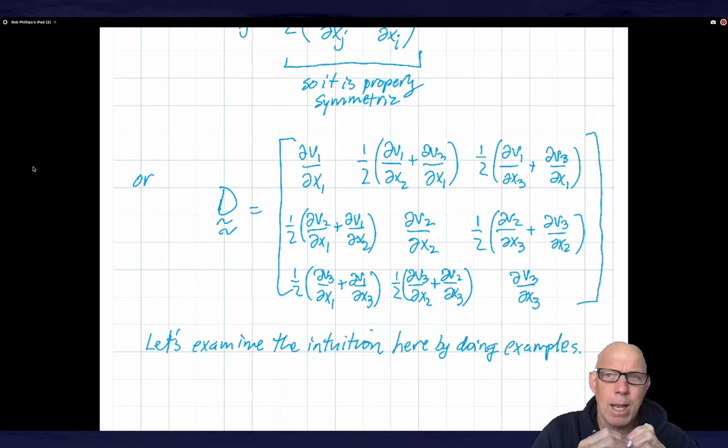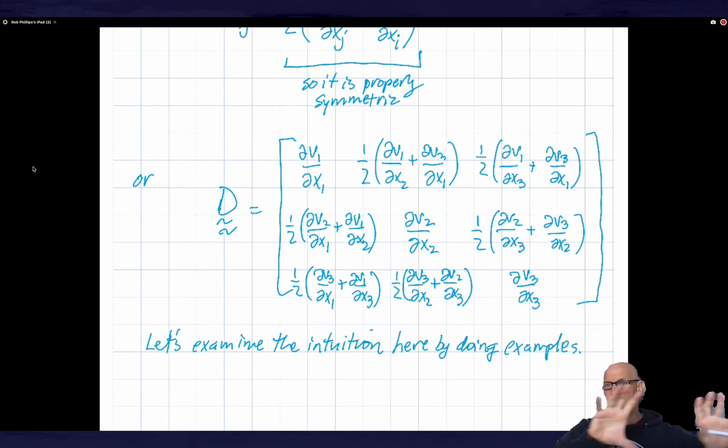And those matrix elements, what do they measure? They measure the rate of change of velocity with position. And so a net uniform motion, just like we found for strain, does not engender any shear stresses. All right, so I already went through this first example.